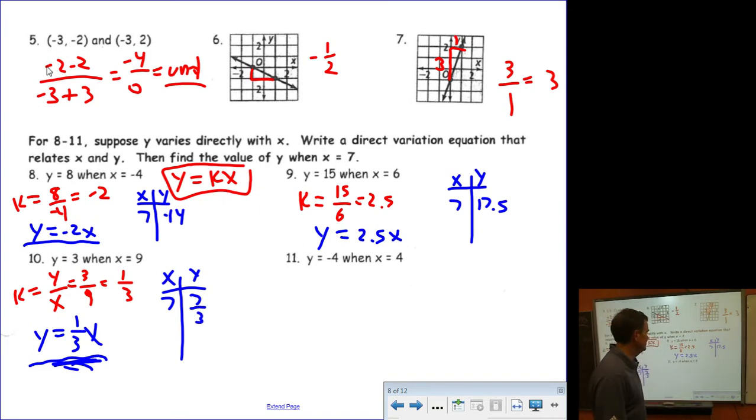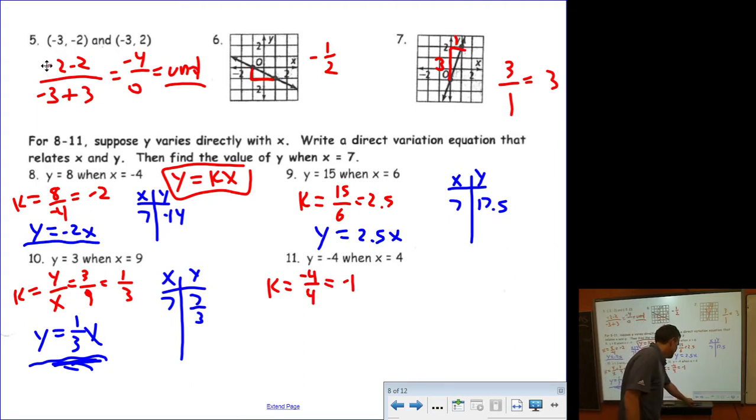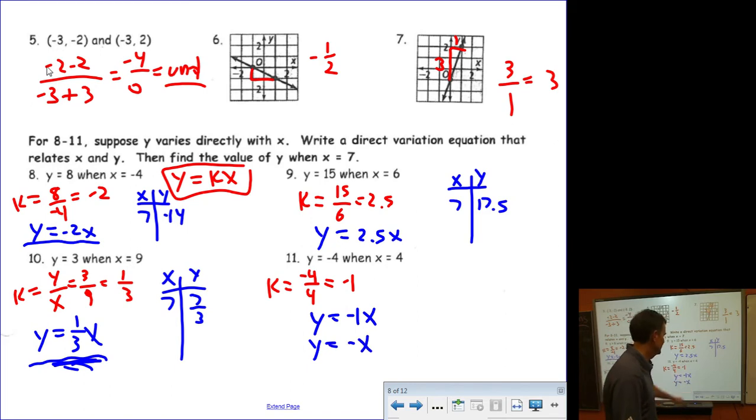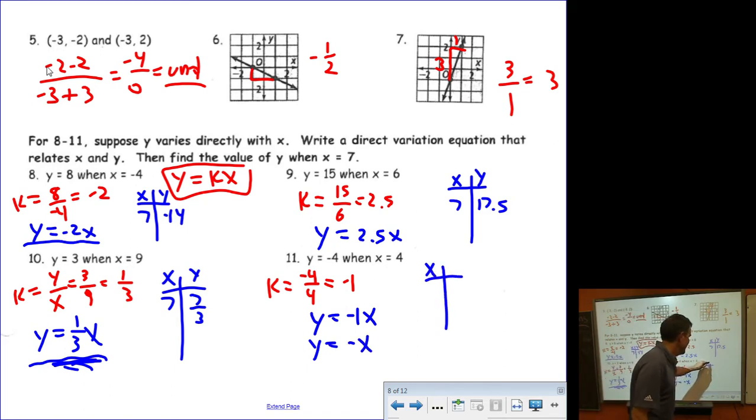And last up, again, I've got to find the k value, which is y over x, negative 4 over 4, which is negative 1. And so my equation for this would be y equals negative 1 times x, or just y equals negative x. And when x is 7, y would be negative 1 times 7, which is negative 7.